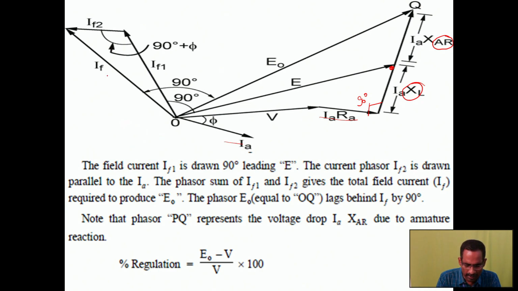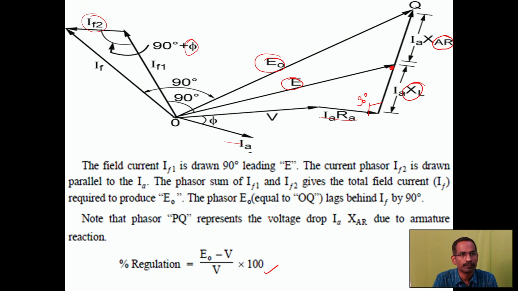Here the IF is drawn 90 degrees for E0. IF1 is drawn at 90 degrees for E. If you add these two, you will be getting the IF2. This IF2 is at 90 plus theta. Theta is our lagging angle. So by using this, I can calculate the voltage regulation, E0 minus V by V. So how am I calculating the voltage regulation from this?